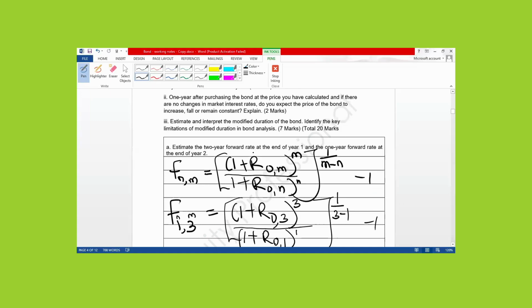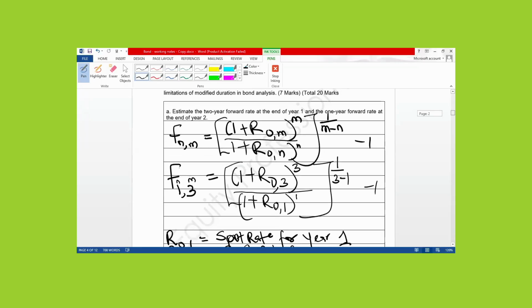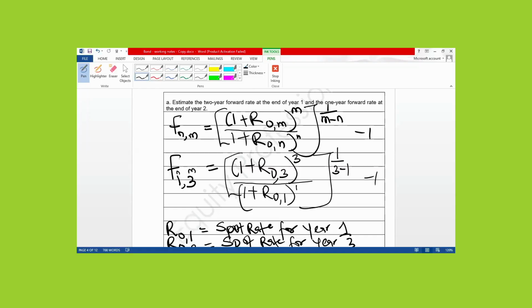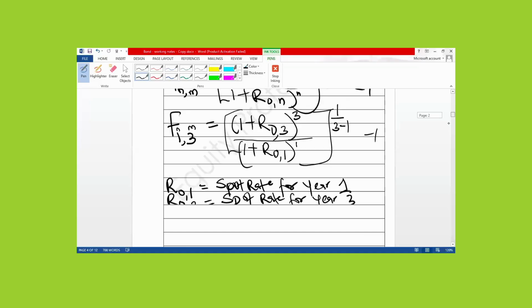Two years forward rate at the end of year 1. Look at the formula. I require spot rate for year 1 and year 3. I can calculate here.